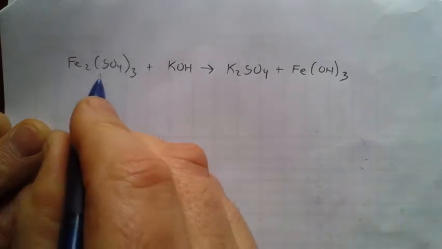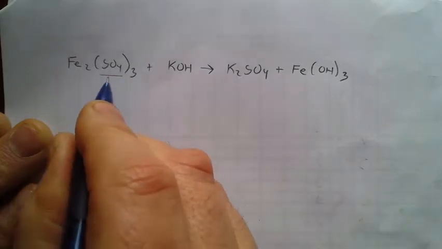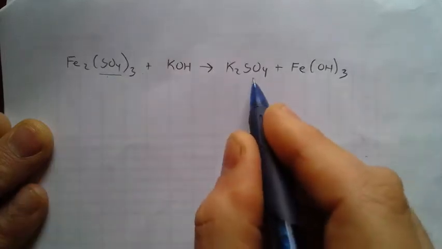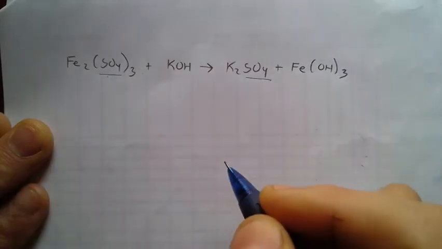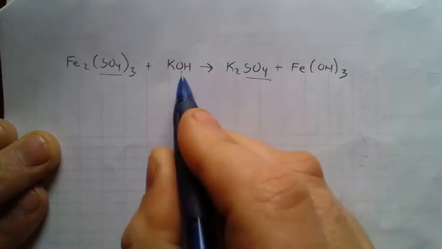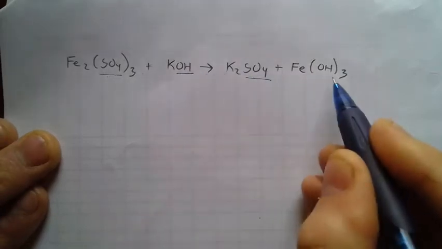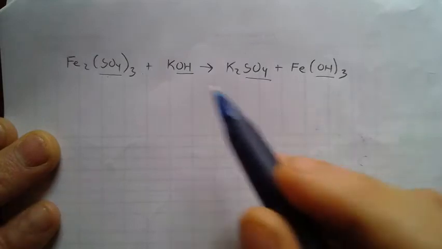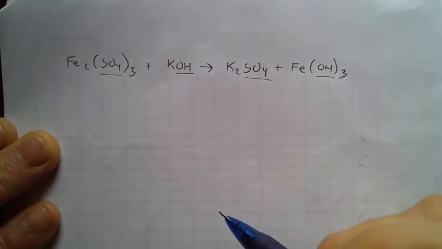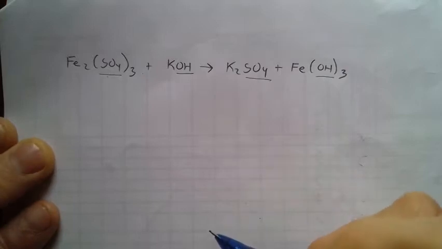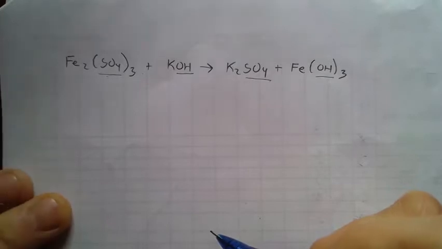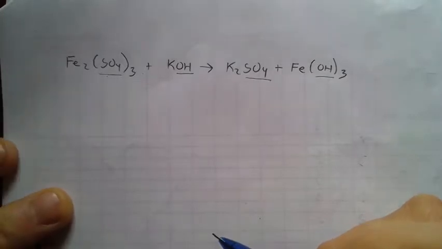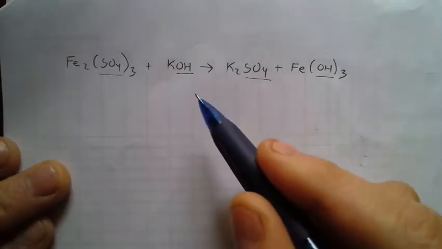So if you notice, SO4, sulfate, appears both on the reactant side and on the product side as SO4. Same thing with hydroxide. It's both here and over here, which means that if we wanted to, we can keep them together. Now, believe it or not, keeping them together makes this a much easier problem than if you were to separate them. Okay, so let me show you guys this.